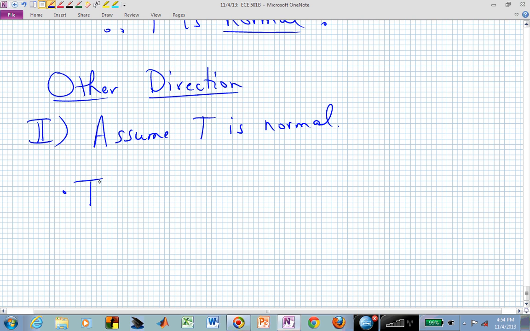But we can now say that T has an upper triangular representation.